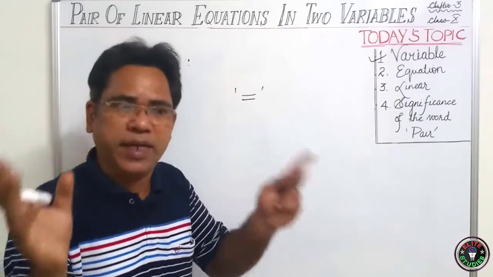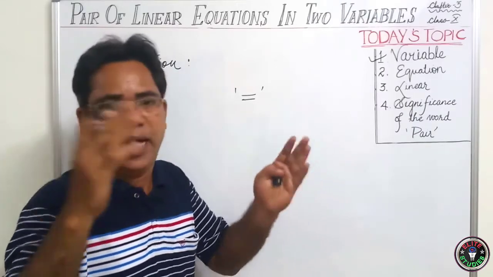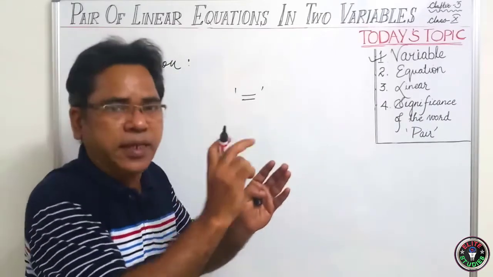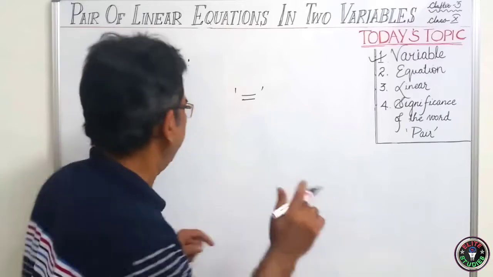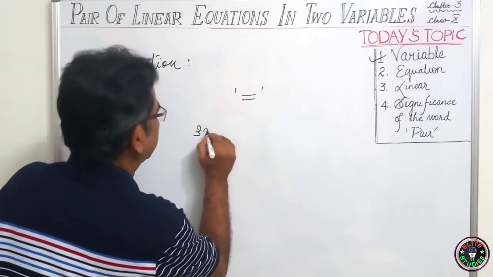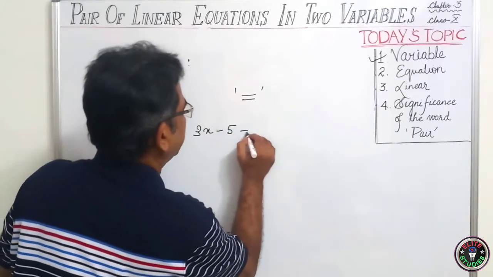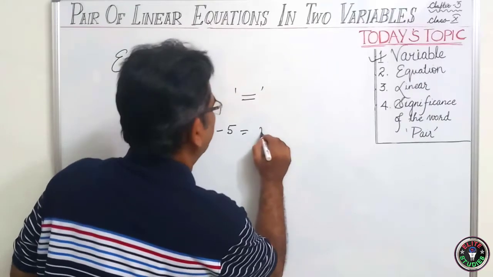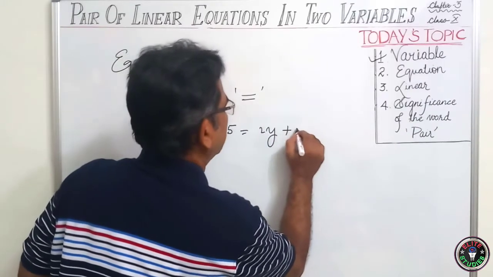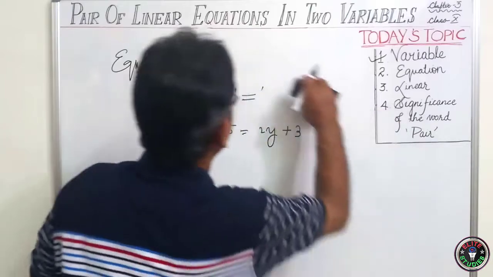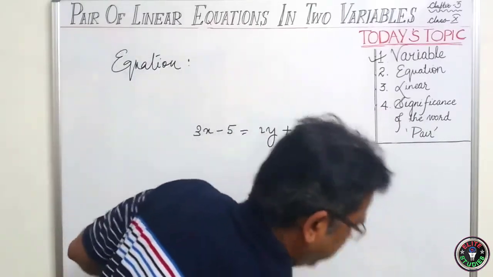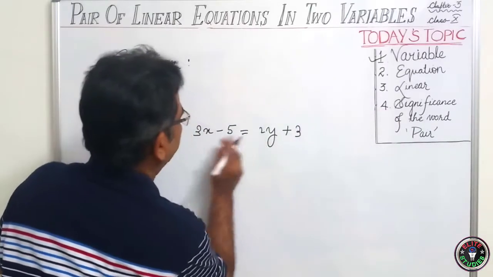There will be two expressions called LHS and RHS, and in between these LHS and RHS there will be an equal to sign. See, suppose 3x minus 5 is equal to 2y plus 3. If you look at this, there is an equal to sign between these two expressions.